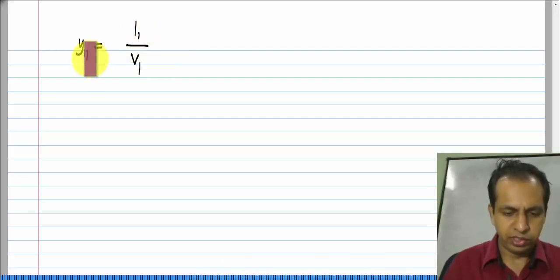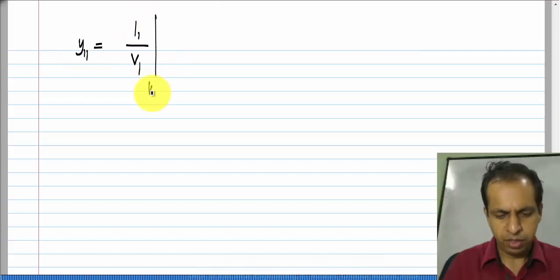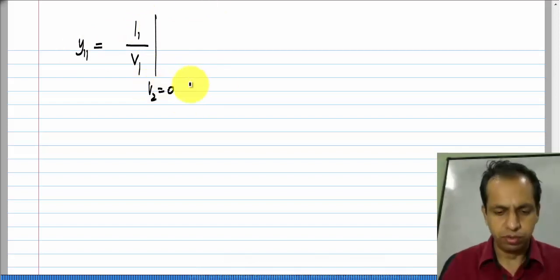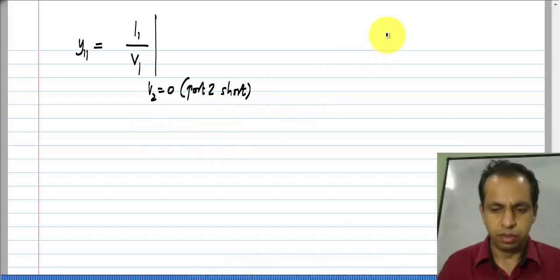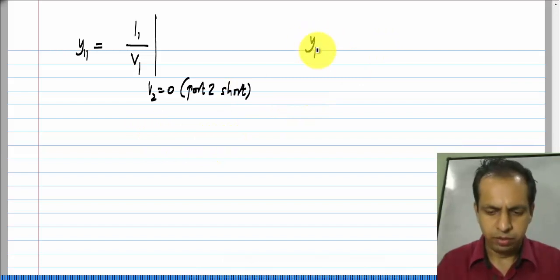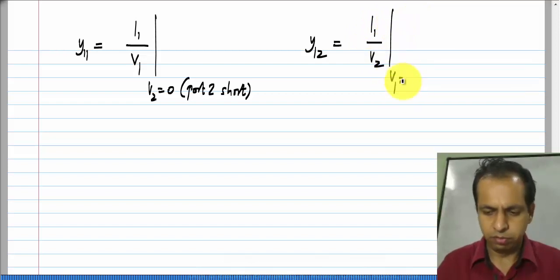Remember, the second subscript goes here and the first one goes over there. With V2 equal to 0, meaning port 2 is shorted. And Y12 is I1 by V2 with V1 equal to 0 or port 1 shorted.